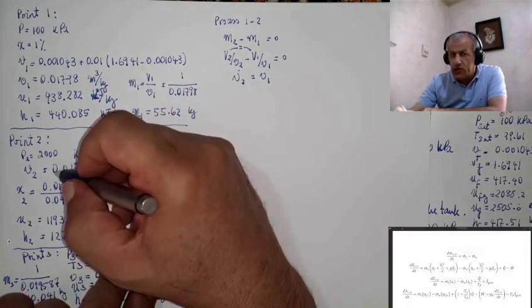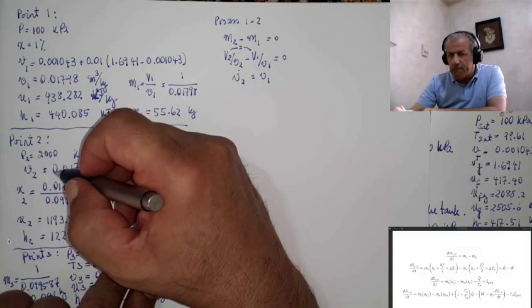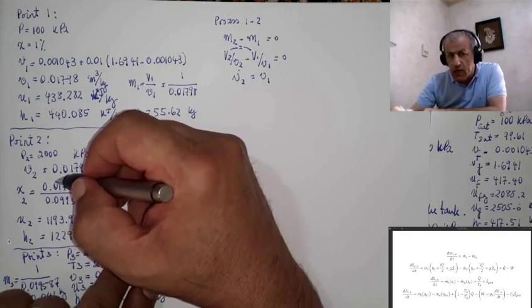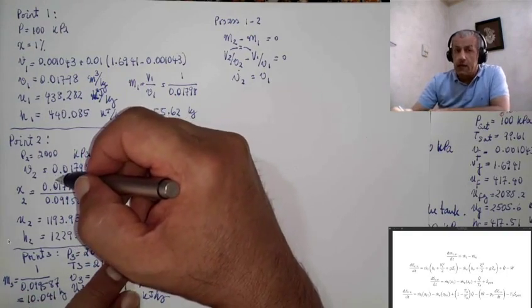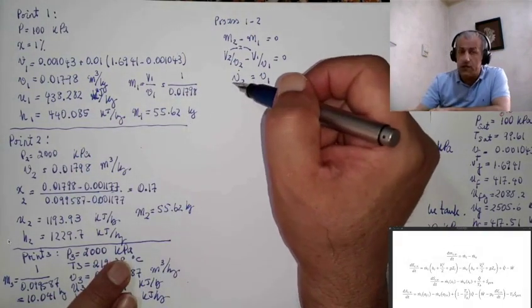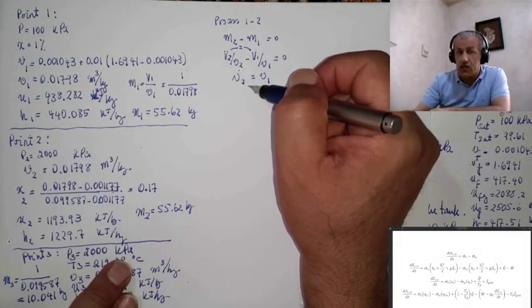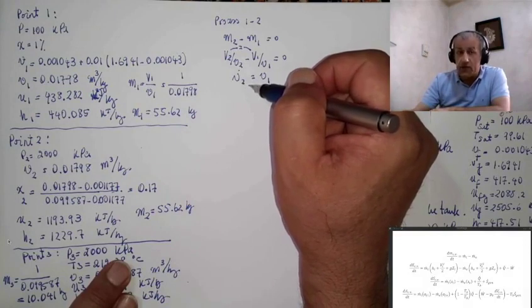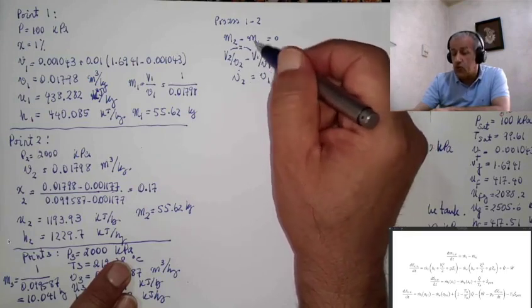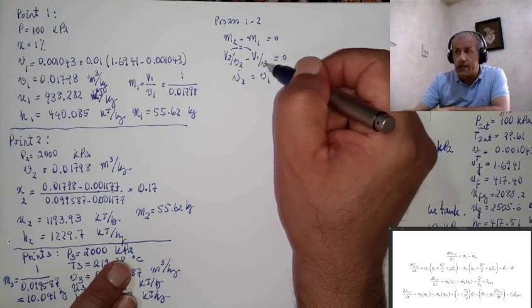And I said just because the volume doesn't change, mass doesn't change, therefore specific volume doesn't change, which is of course correct. But the important thing is that we could also conclude this from the mass conservation law, and that is the language of thermodynamics. To write the mass conservation law for process 1, 2, write it like this.